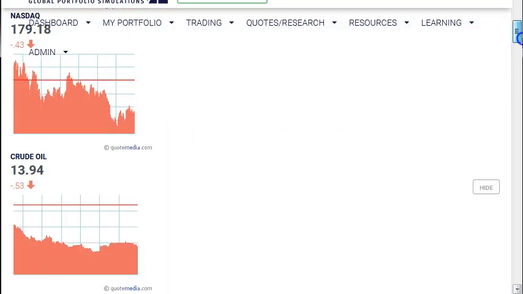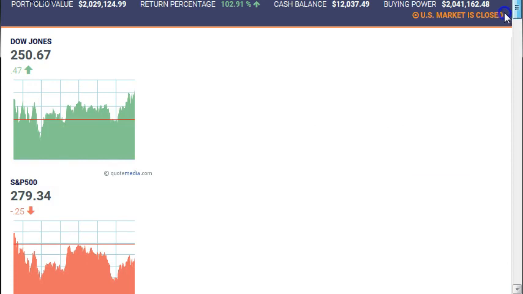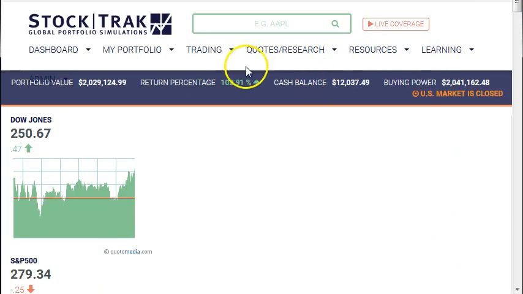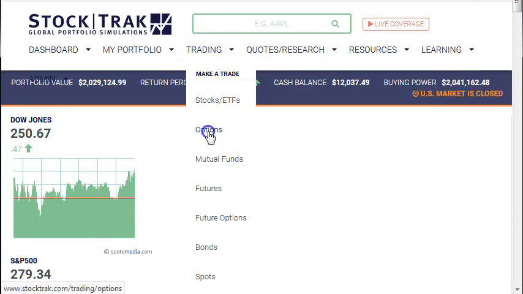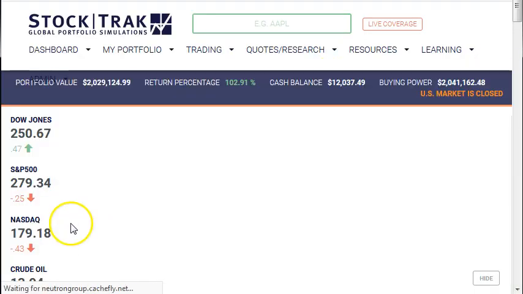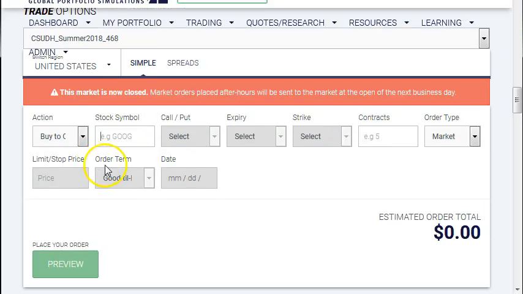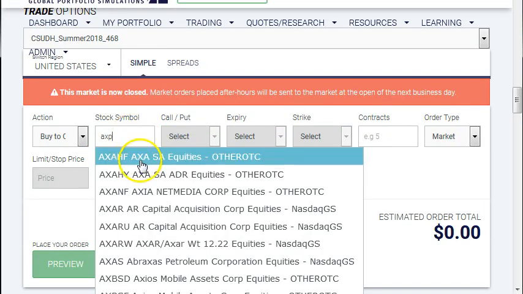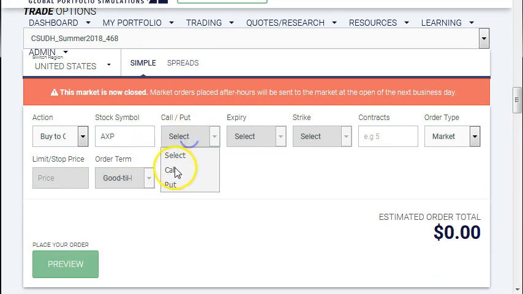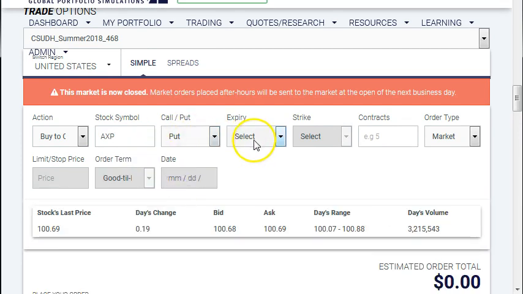Now you can think of doing the opposite. Let's say you think American Express is going to tank. Then you're not going to buy calls, but you're going to buy put options with an expiration date of 7/20.